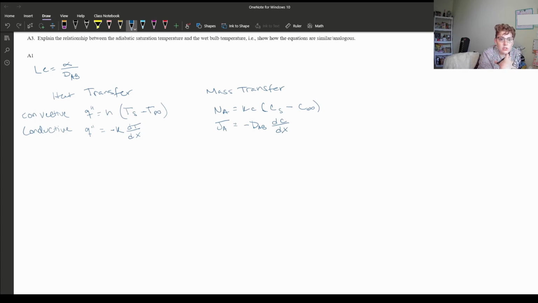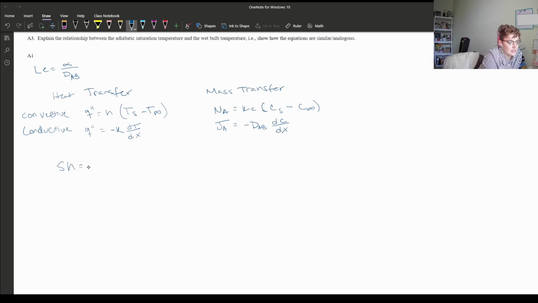And so the next thing that we're going to do is look at a couple of these dimensionless groups that we were discussing in the previous exam, dealing with heat transfer and mass transfer. The first one that we're going to look at is the Sherwood number, and the other is the Nusselt number.